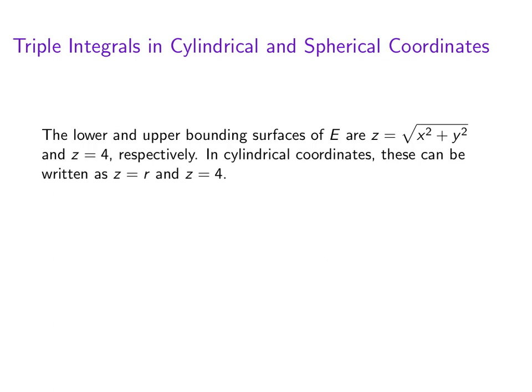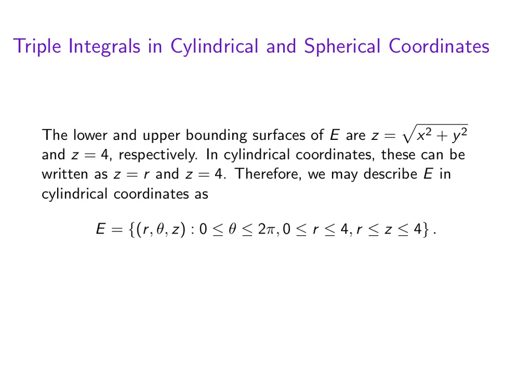Now in cylindrical coordinates, those are very nicely expressed. z equals the square root of x squared plus y squared can be rewritten as z equals r. And of course, z equals 4 doesn't have to change. All that means is we can describe E very nicely in cylindrical coordinates.